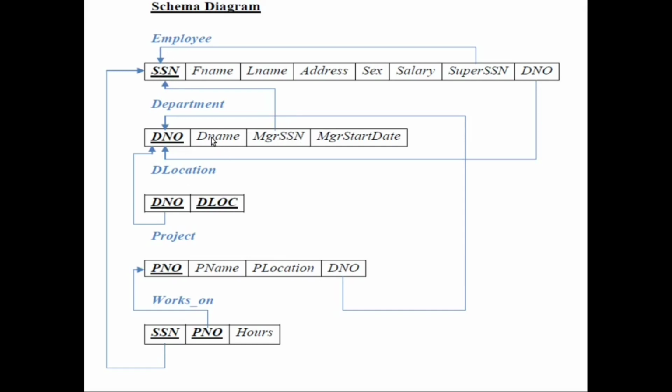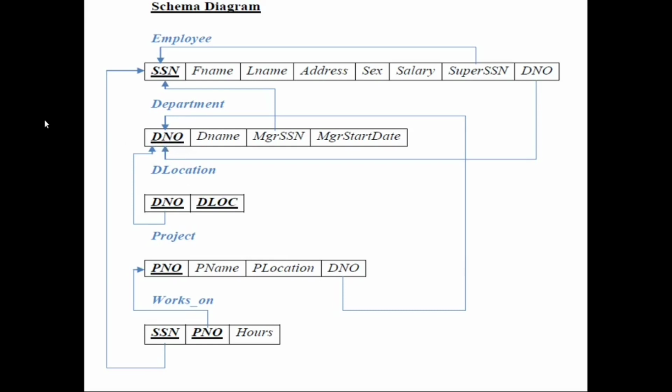So before you create manager SSN, we need to create SSN. Simple as that. And when it comes to department number, before creating it, we need to create the department number of the department table, because there it is a primary key.